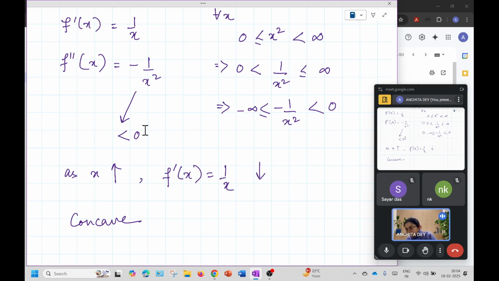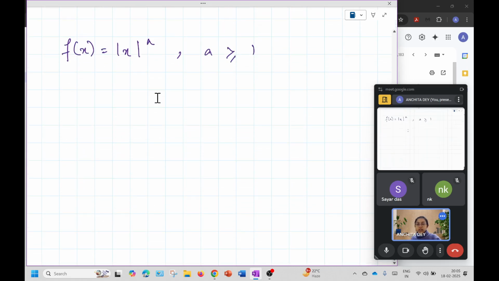For the next example, we had f(x) = |x|^a, where a is greater than or equal to 1. You can check on your own that we can write this as x^a if x is greater than or equal to 0, or (-x)^a if x is less than 0.